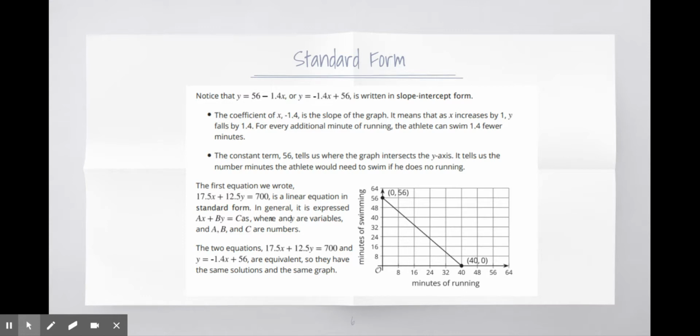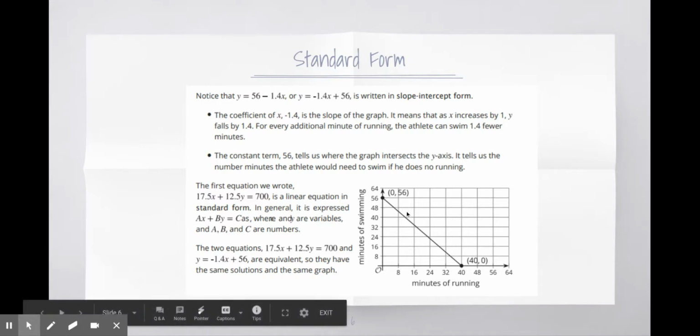This constant term, 56 there at the end of our equation, tells us where the graph intersects the y-axis. And in this situation, that's the number of minutes the athlete would need to swim if he doesn't do any running in order to meet this constraint of burning 700 calories.